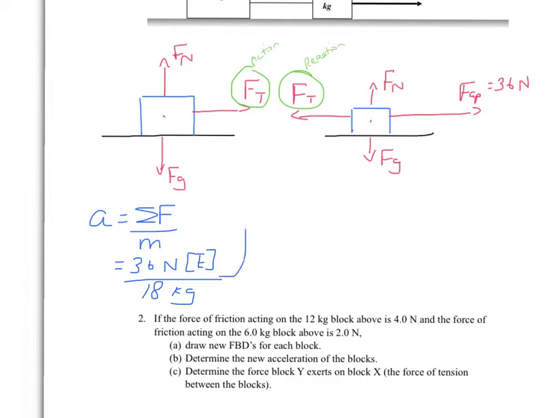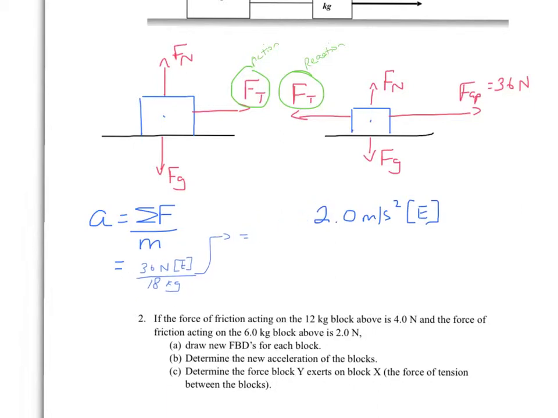Okay. All right, so if I take a look at what we have so far, 36 newtons east divided by 18 kilograms, I should end up with 2.0 meters per second squared. And it's 2.0 meters per second squared also acting towards the east because, of course, we know for a fact that net forces and accelerations must always be in the same direction.